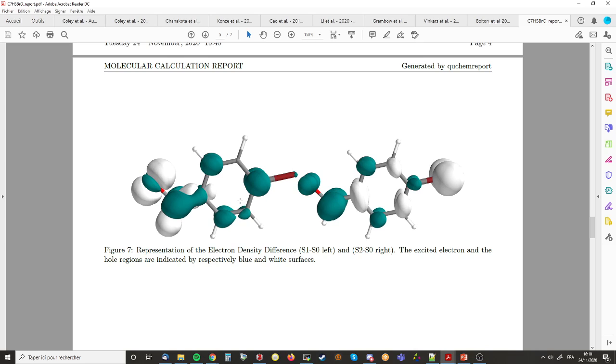And here, how does it work? In blue is the electron gain. That means that between S1 and S0, the benzene part gains electrons, this carbon gains electrons, and this is the losing part.